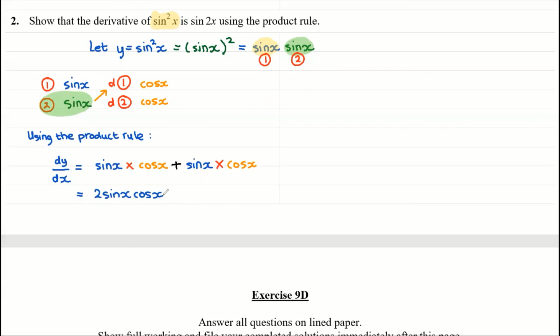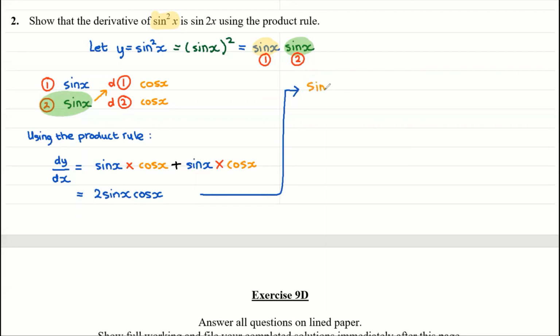Right, now we have to show that the derivative of sine squared is indeed sine 2x. And once again, if you just go up here, we can see that we've got a double angle trig identity.